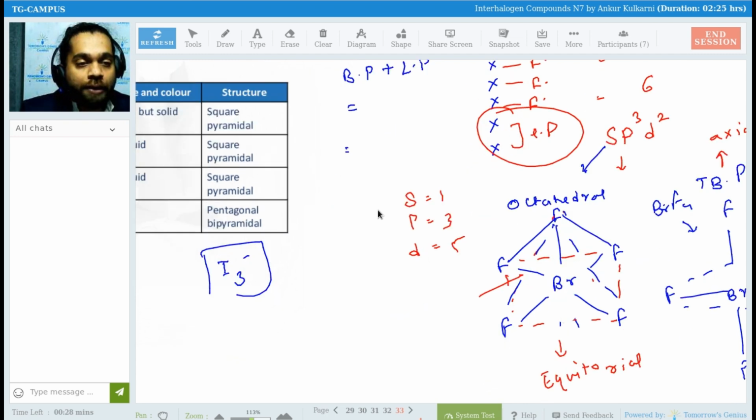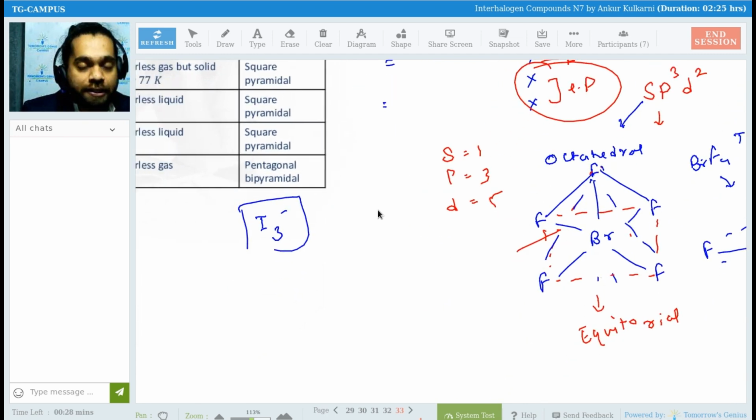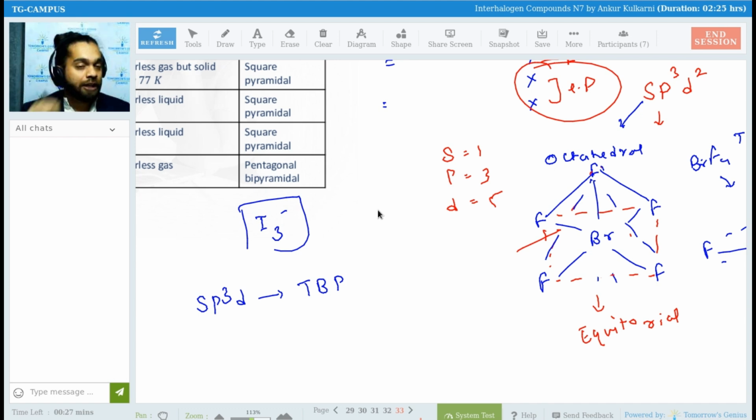And what will be the hybridization? Yes, you are correct, Sashidharan. It is sp3d. Now, with sp3d, the geometry is trigonal bipyramidal. Now, apply our rule and tell me the shape. Now you will understand why this rule I have told you is important. If it is TBP, apply our rule and tell me the shape.